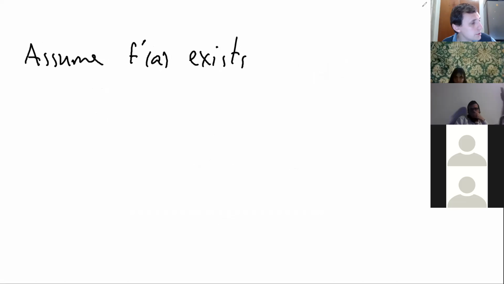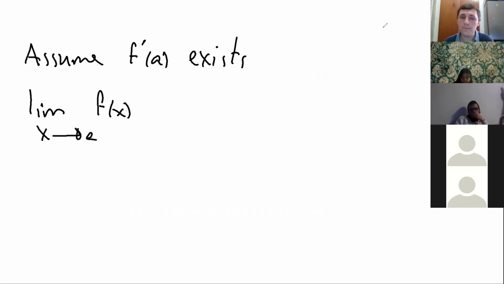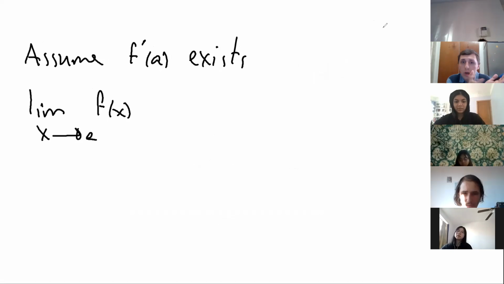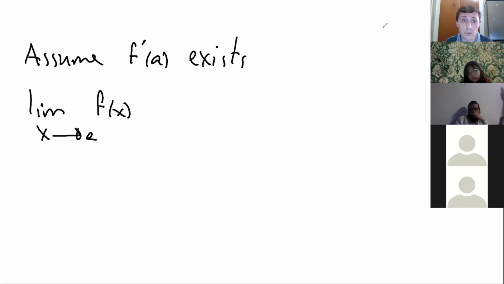I want to see what is the limit as x goes to a of f of x. I don't know how to interpret the limit of f of x, but I know how to interpret the limit of f of x minus f of a over x minus a. So I use wishful thinking, because I know what I'm trying to see here. I'm trying to see the expression for the derivative in here.